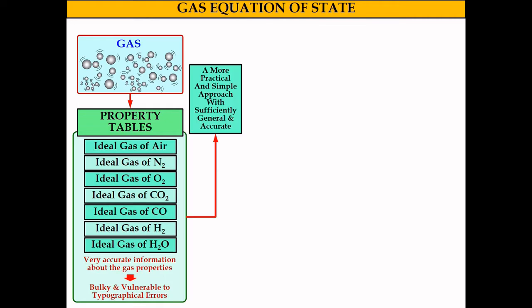So we need to consider a more practical and simple approach that is sufficiently general and accurate compared to the ideal gas property table. So we can use the ideal gas equation, which is a more practical and simple approach, sufficiently general and also accurate.